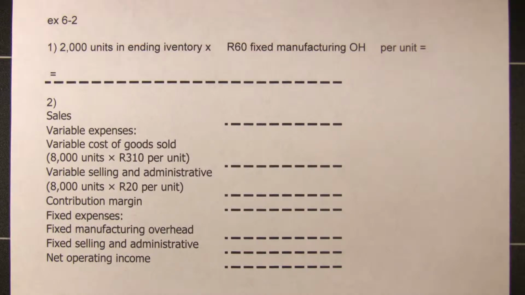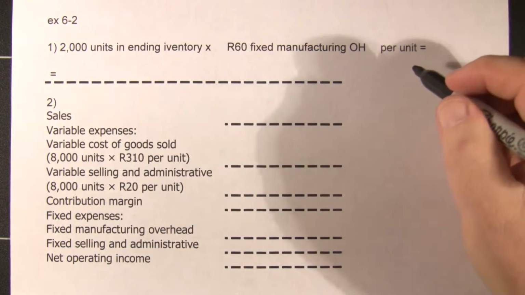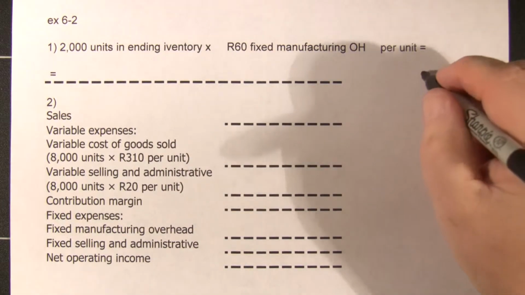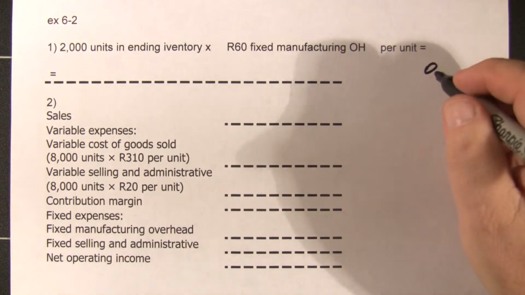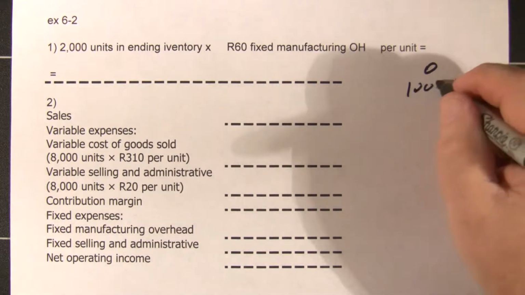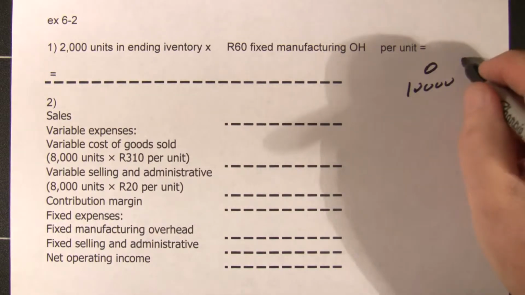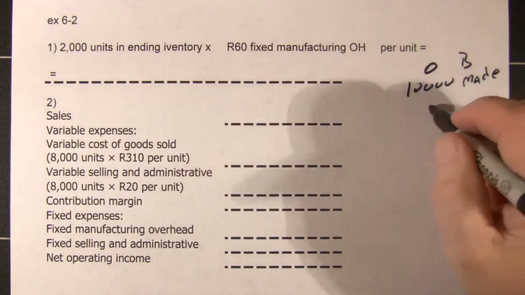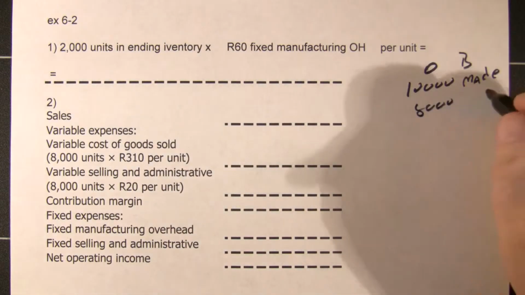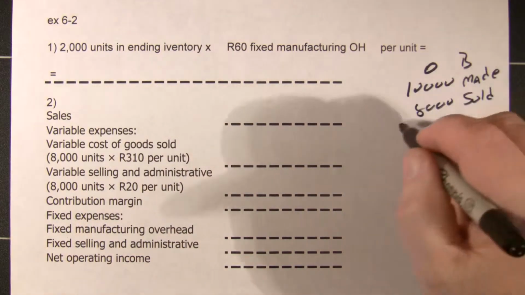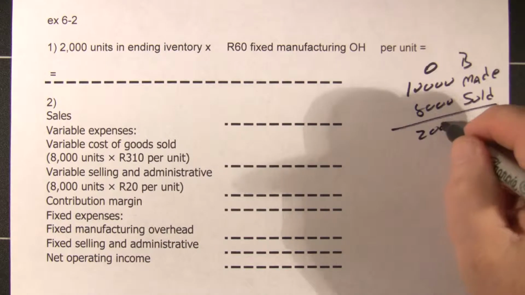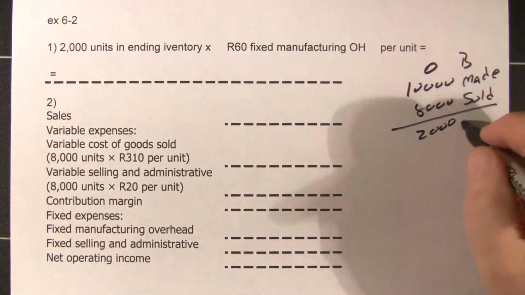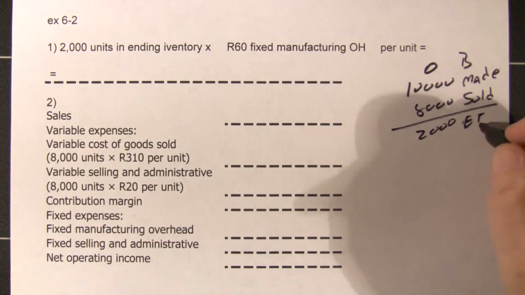and we're told that the beginning inventory was 0. This is from last month. They made 10,000, so that's the beginning. They sold 8,000, so 2,000 is their ending inventory.